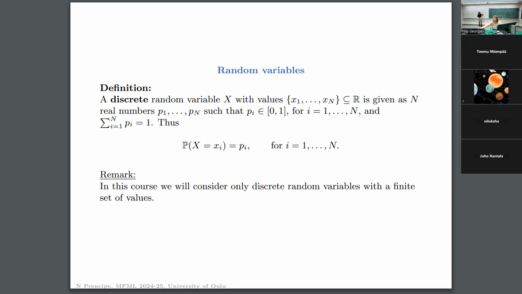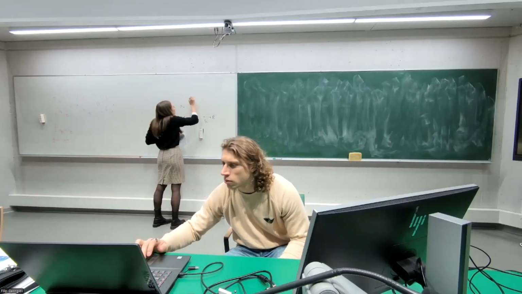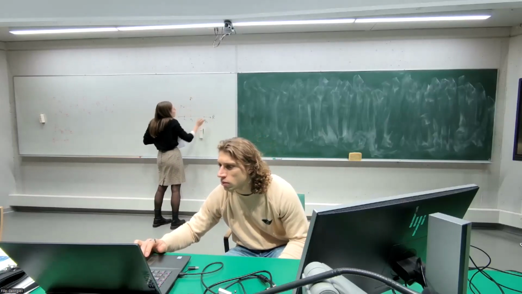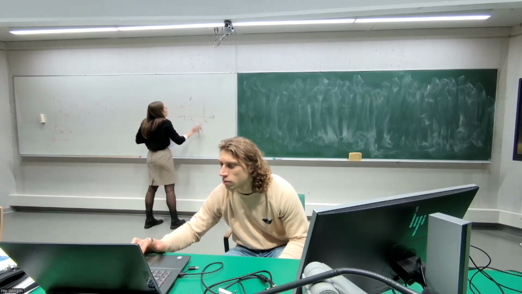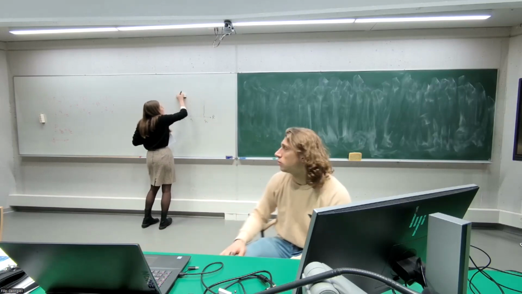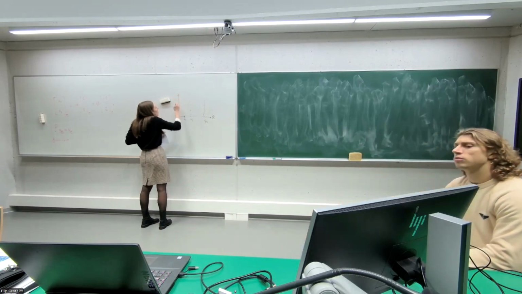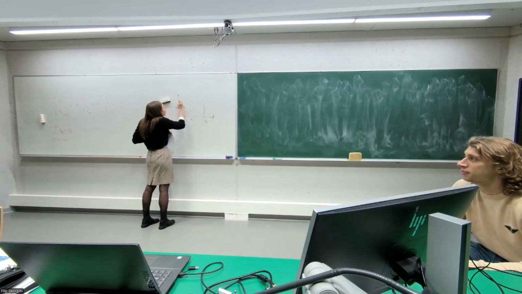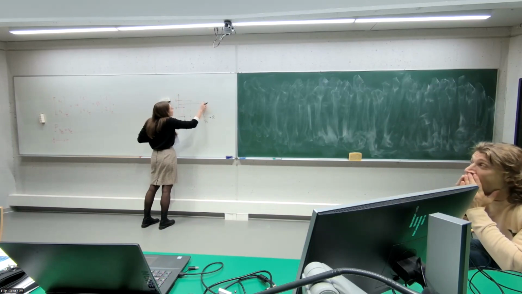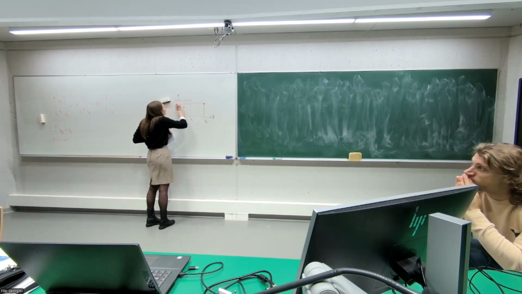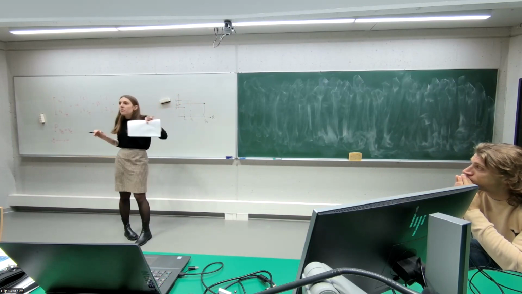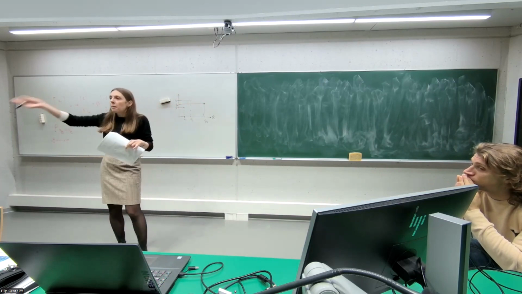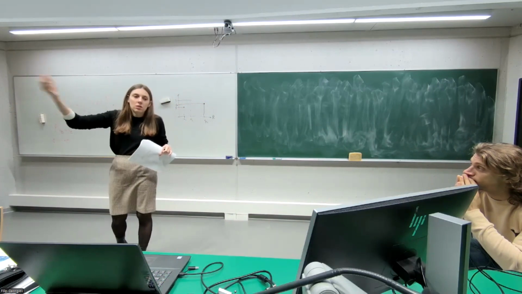For each of those, I put a weight, for example P1, P2. So to each of these values, I'm assigning a weight, which is the probability that that value will be caught.